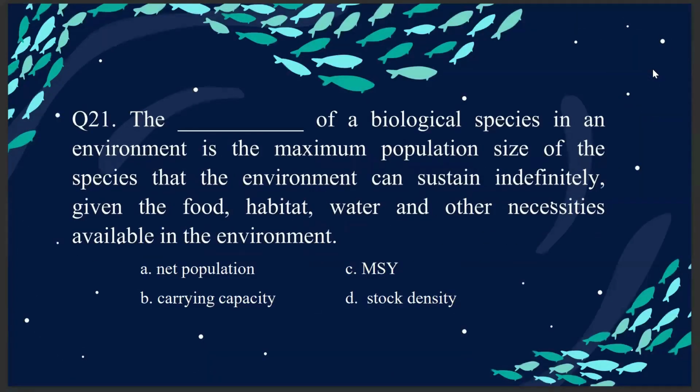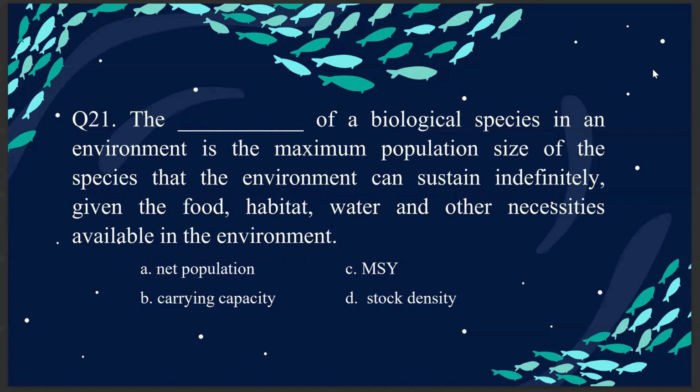Question number 21. The blank of a biological species in an environment is the maximum population size of the species that the environment can sustain indefinitely given the food, habitat, water, and other necessities available in it. A. Net population. B. Carrying capacity.